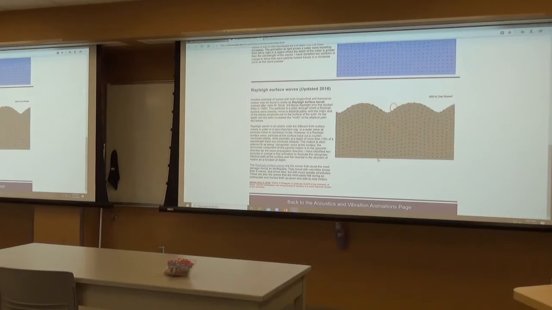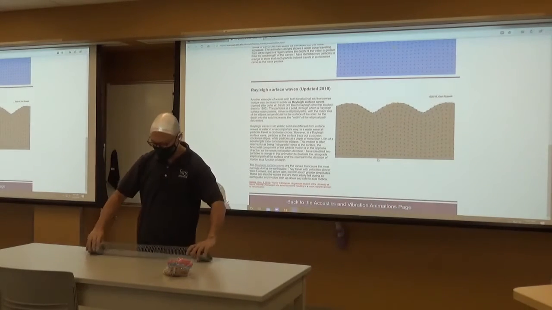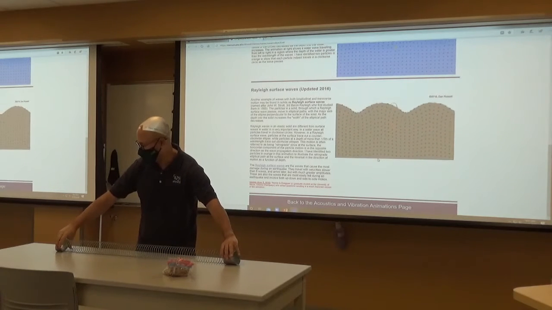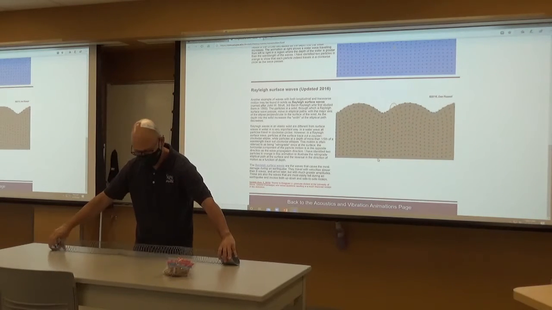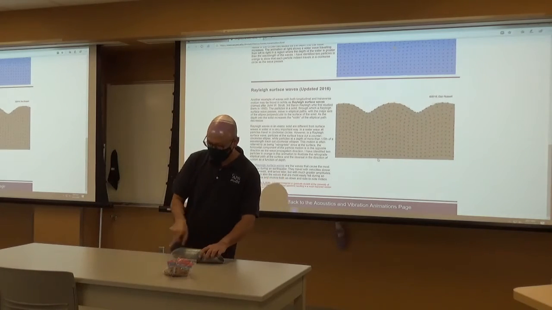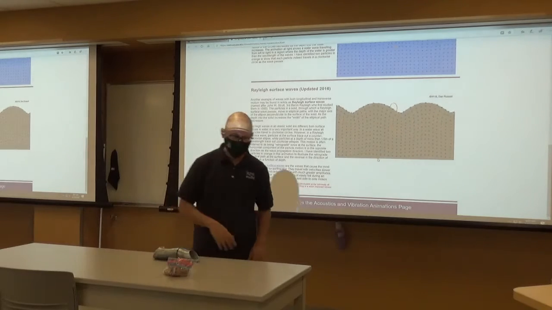So here is an example. Here is the medium. I'm going to produce some disturbance at this point, and then the disturbance would be transferred along the medium. So here is the disturbance. That disturbance travels in the medium, and that's what a wave is.